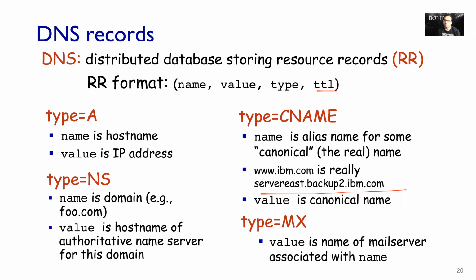IBM cannot expect individuals to remember this. It wants individuals like us to remember ibm.com, but there has to be a way to go from this to the actual long name. That's where the CNAME comes in. In this case, the name is the alias, the short form, and the value will be this very long name that you see.